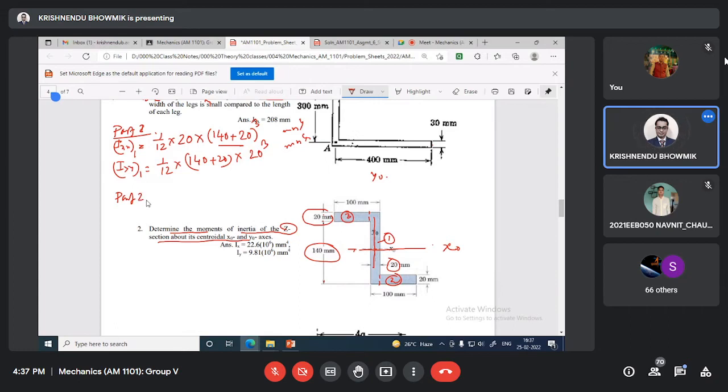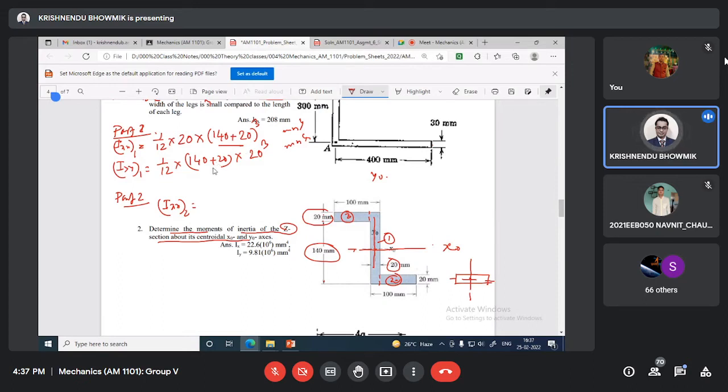part 2, Ixx2. You can imagine this is the centroid, I am writing here. With respect to the centroid we want to calculate something, so we will use the parallel axis theorem, with x-axis parallel and y-axis parallel.